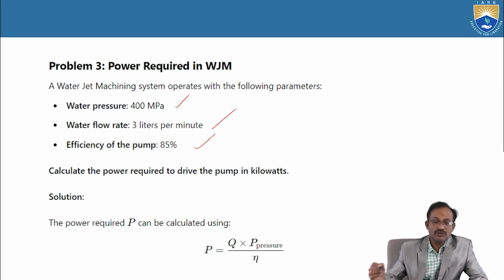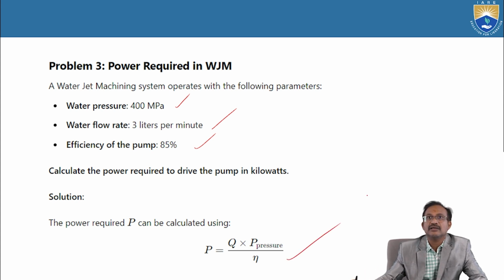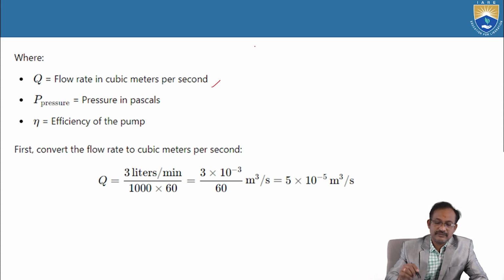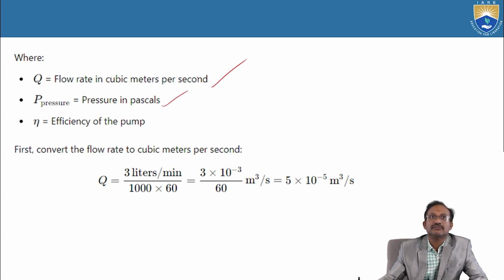Solution: P can be calculated using this formula, Q times pressure divided by efficiency, where Q is the flow rate in cubic meters per second, pressure in pascals, and efficiency of the pump.